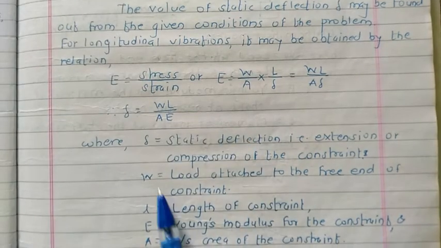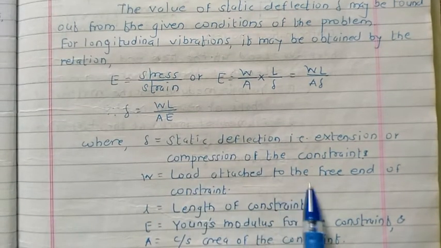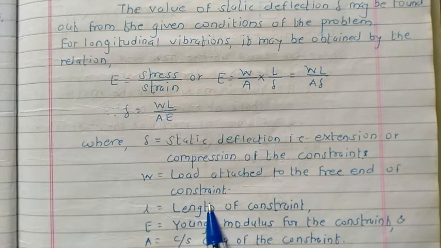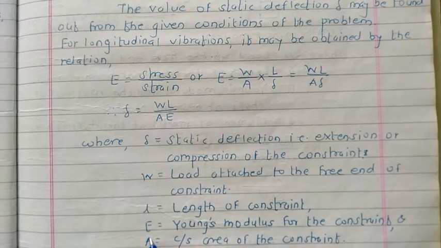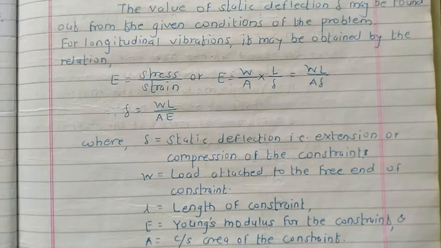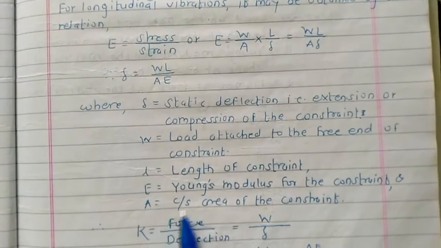W is the load attached to the free end of the bar, L is the length of the bar we have considered, E is the Young's modulus, and A is the cross section area.